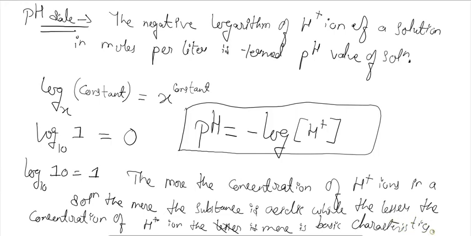Hence, the more the concentration of H plus ion present, the more acidic in nature the substance we are testing on the basis of the pH scale is.